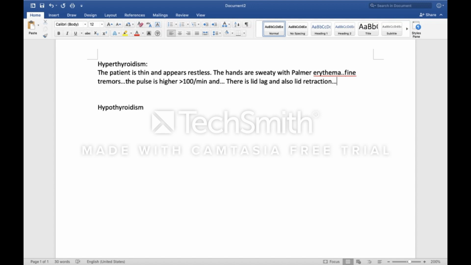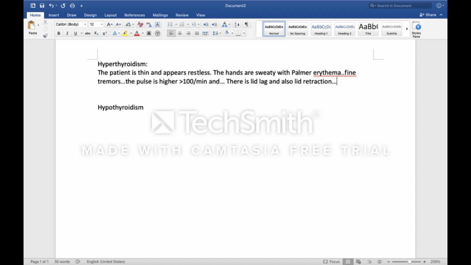For example, patients with Graves disease have extra fat deposition behind the eyeballs, and because of that extra fat deposition, the eyeballs become protruded in front.